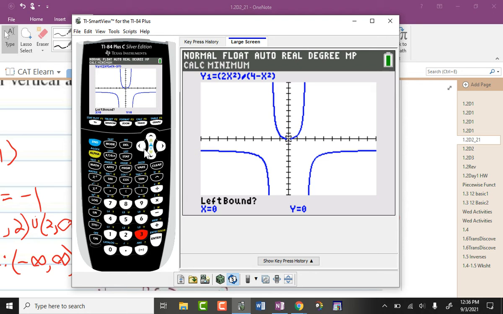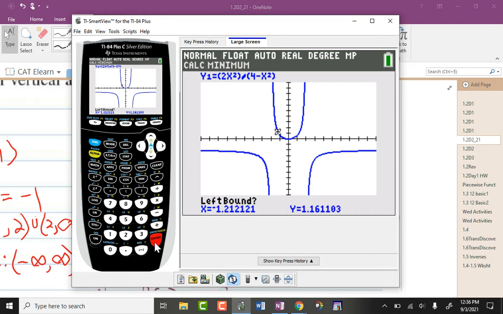We'll do this on Tuesday, but I think you should remember this from last year or 2 years ago when you did parabolas. You wanted to find that minimum right there, and you may or may not have done this with a calculator. Let's just do it now. So I hit minimum. Look at what it's looking for. It's looking for a left bound. I hit my left arrow a couple of times.